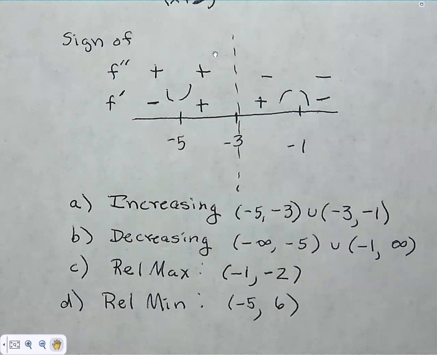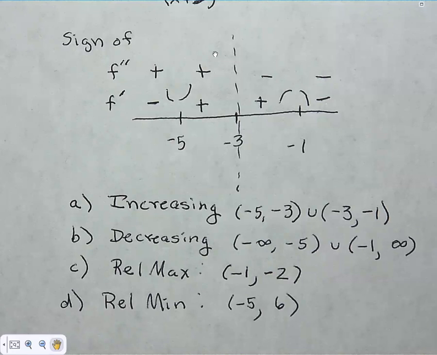That's not the reason that your min can be higher than your max. How is that even possible? Because they're relative. That's not absolute max and absolute min, or that wouldn't make sense. But this -2 can be higher than what's on either side of it, and this 6 can be lower than what's on either side of it.